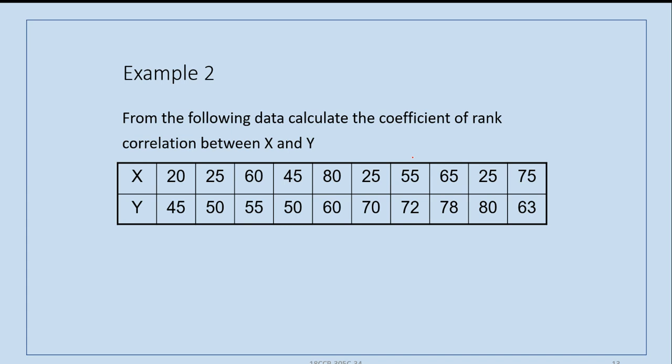45 is the fifth rank. After 45, we have 55, sixth rank. After 55, we have 60, seventh rank. So 20 is 1, 25, 25, 25 are 2, 3, 4, and after 25 we got 45, which is 5.